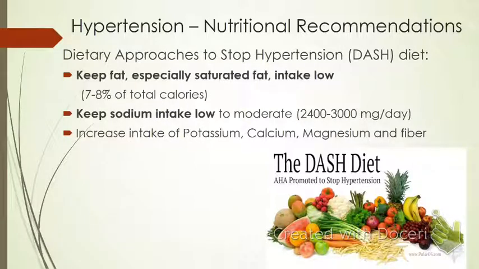So the DASH diet, or your stop hypertension diet, is not the lowest sodium restriction you can go. There are more sodium restrictions you can go. But this is a good place to start. Say, if we don't get control of your blood pressure, you're going to end up on a higher sodium-restricted diet. So why don't you start trying to maintain your sodium level? Try for the rest of the day or the rest of the week to maintain this sodium level.